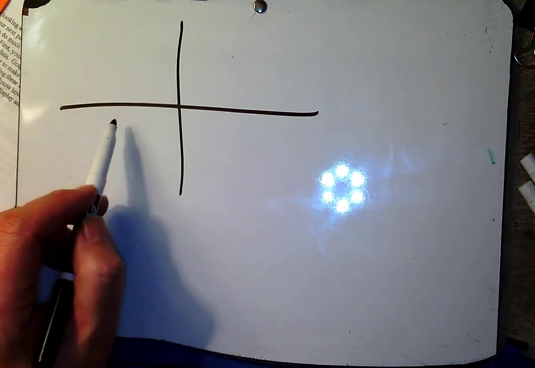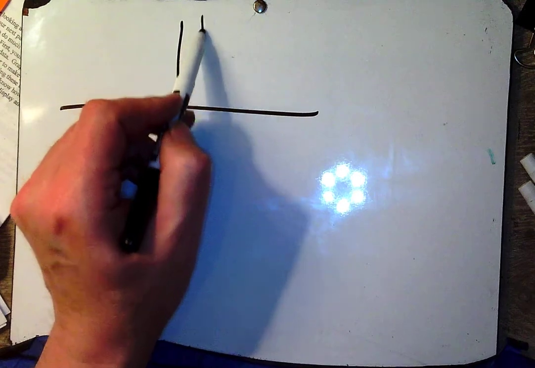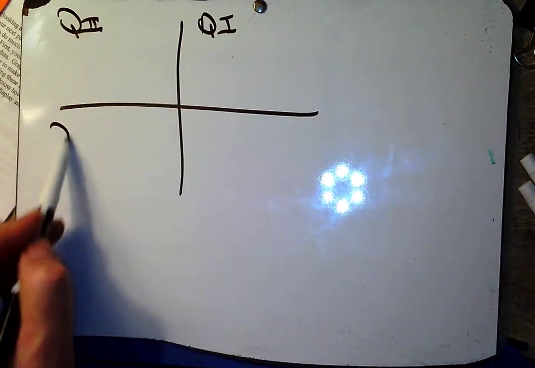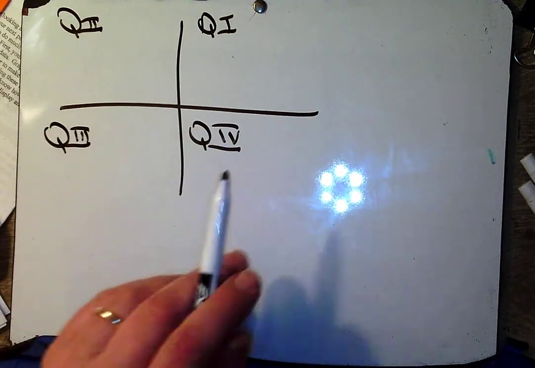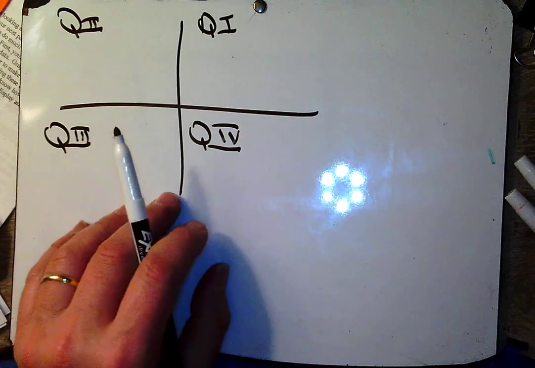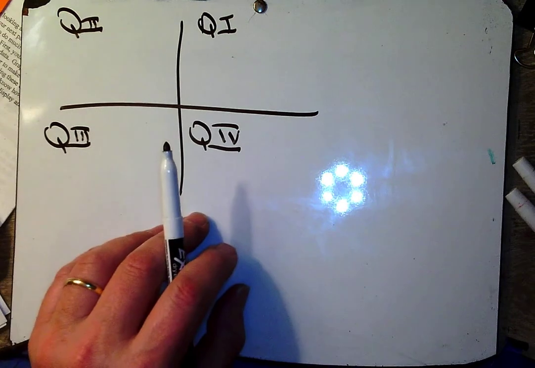When we look at Descartes' Cartesian plane, here's our quadrant 1, here's our quadrant 2, quadrant 3, and quadrant 4. Don't ask me why he numbered them like that. I'm not a French guy from the 1600s, sorry.